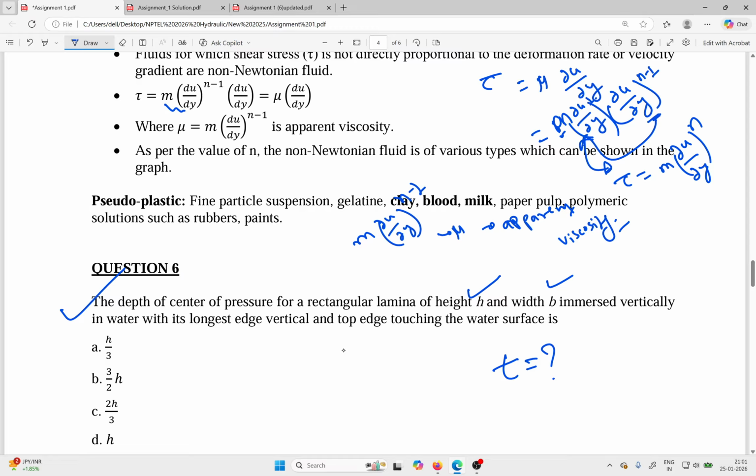Let me give you an example. If you have some rectangular thing like that, so this is your rectangular thing. The thickness is very, very small.